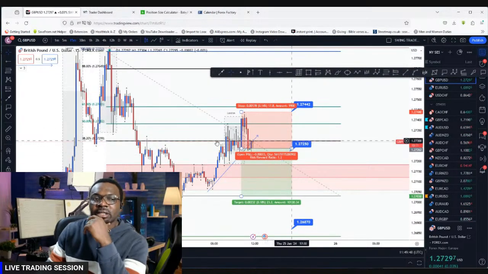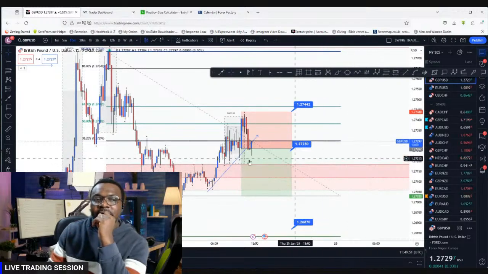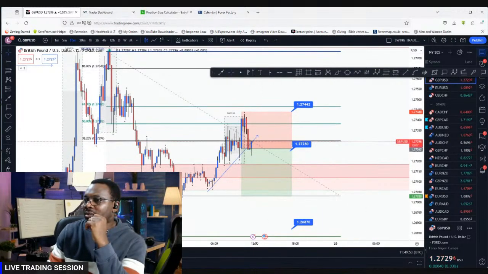Okay, as you see, the candle there is struggling and it wants to push back up.